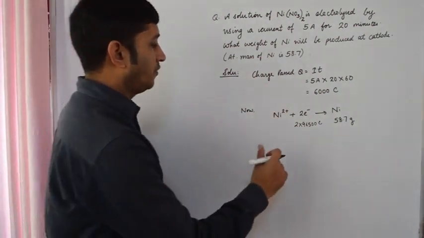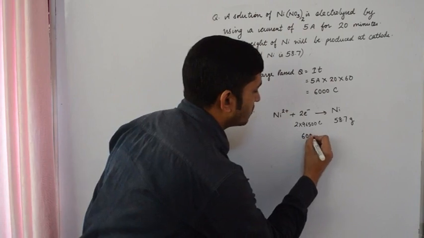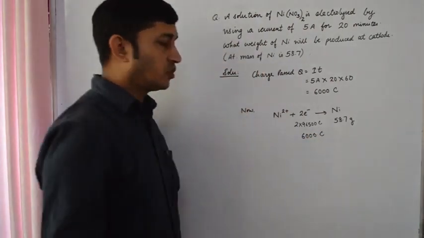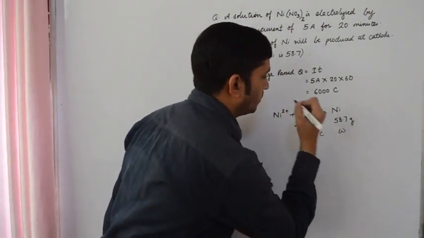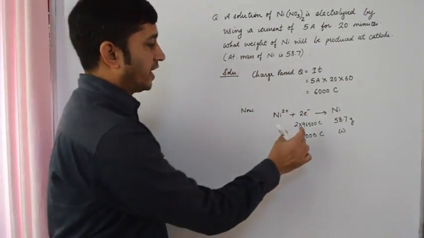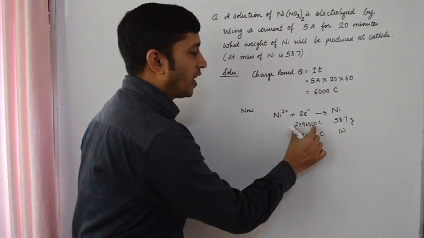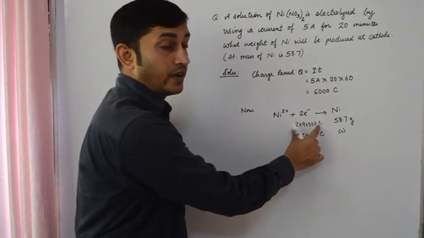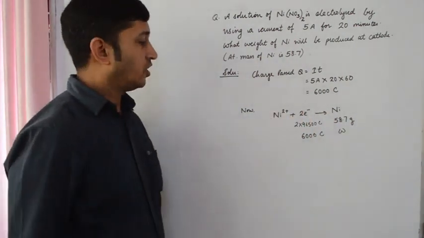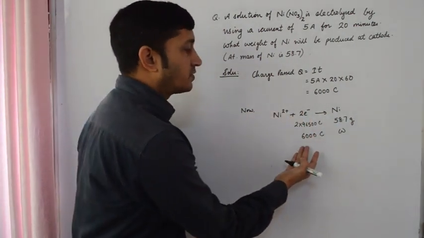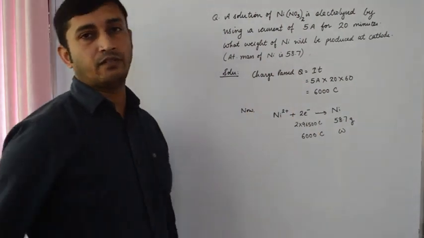Now, we have passed here 6,000 coulomb charge. So, let the weight of nickel deposited be W gram. Once again, I am telling you that when we pass 2 into 96,500 coulomb charge, that is 2 Faraday charge, 58.7 gram of nickel gets deposited. So, when 6,000 coulomb charge is passed, W gram of nickel will be deposited.